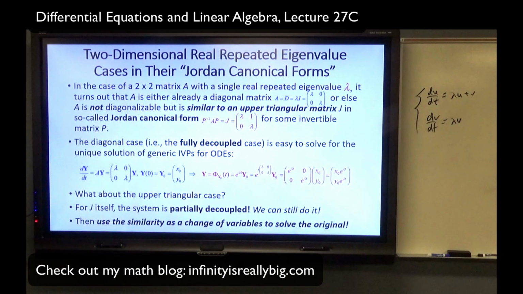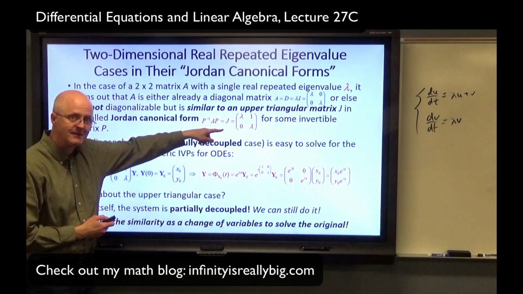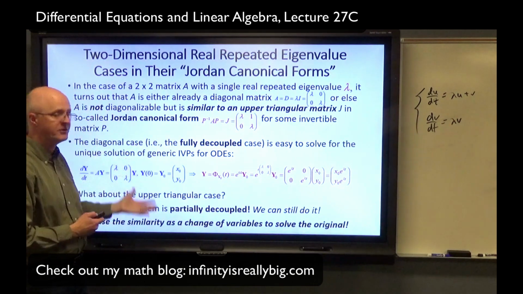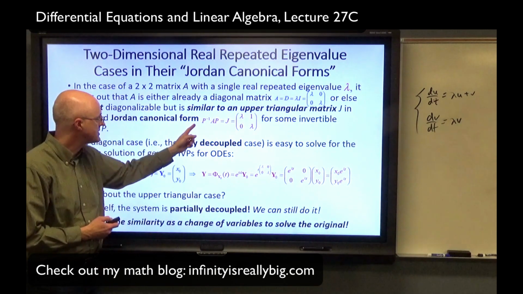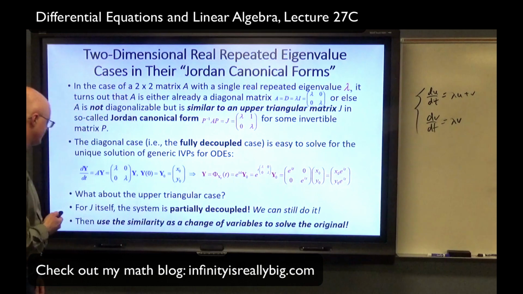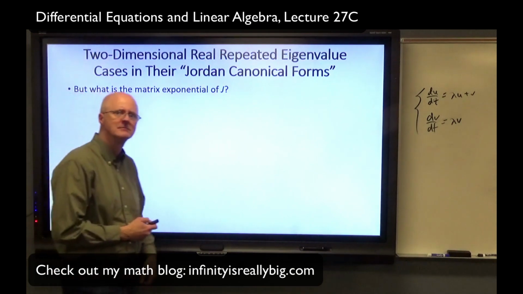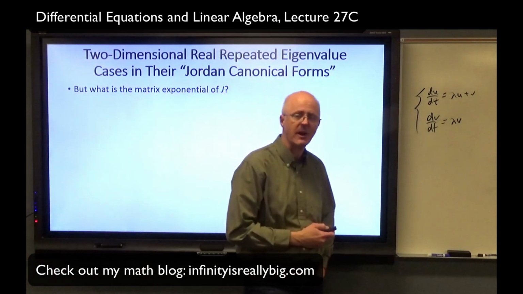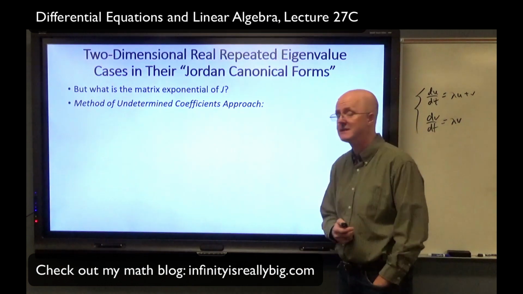We'll then use the similarity, this equation, the fact that this equals J, to ultimately find the matrix exponential for A. We'll solve this equation for A by left multiplication of P and right multiplication of P inverse. But what is the matrix exponential of J? J is not diagonal. It's upper triangular. We can again use the method of undetermined coefficients, as we did before.